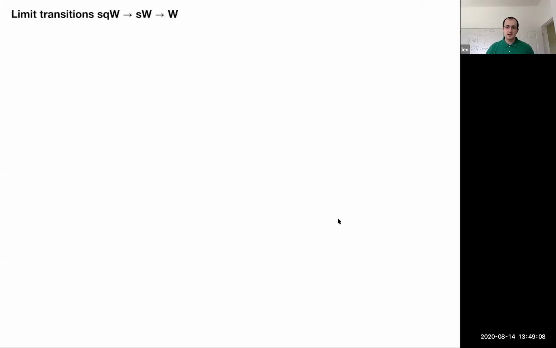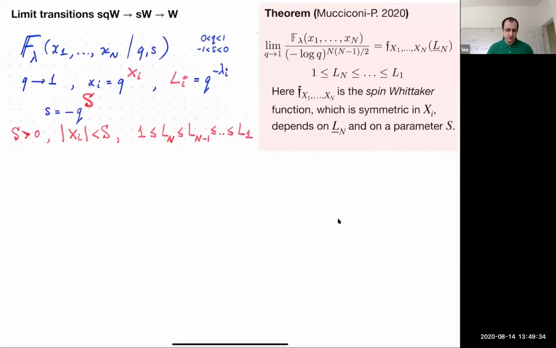And then it also turns out that our spin q-Whittaker functions, which have an extra parameter, also have a nice q goes to 1 limit, and these new functions we call spin Whittaker. Our spin Whittaker functions are not representation theoretic yet, but they just have some nice properties. So the limit transition is the following: we need q going to 1, and then we rescale everything.